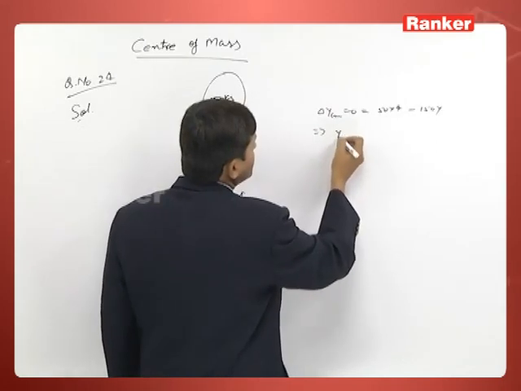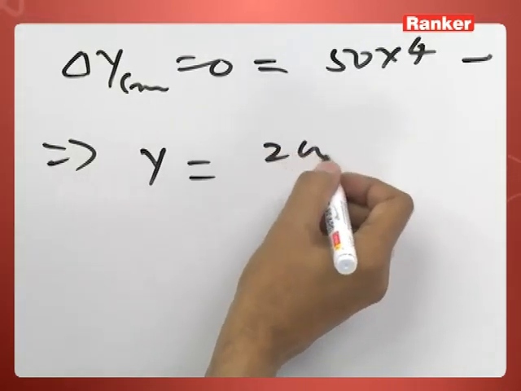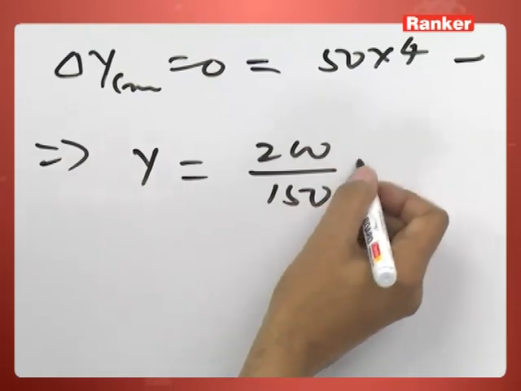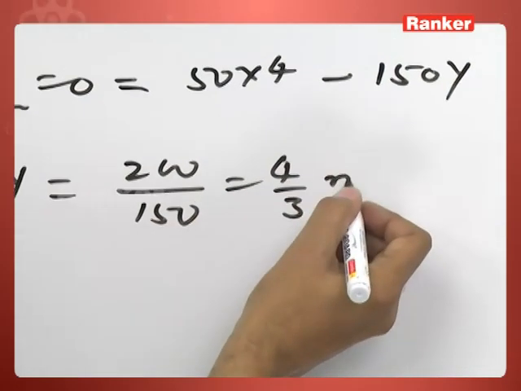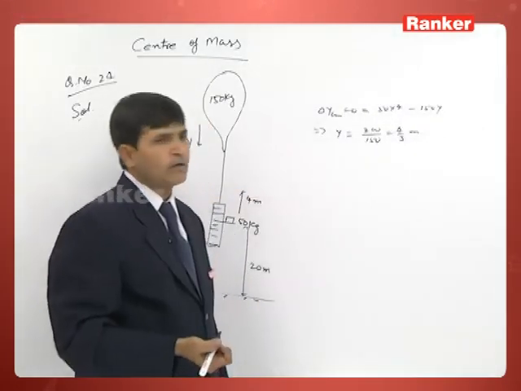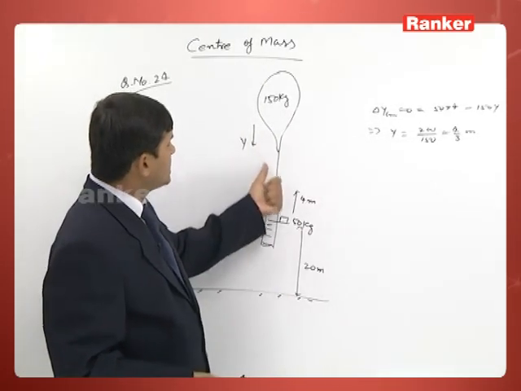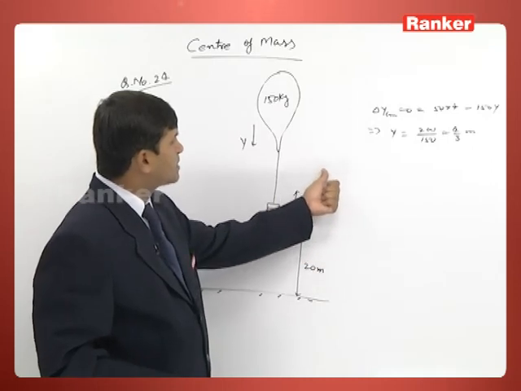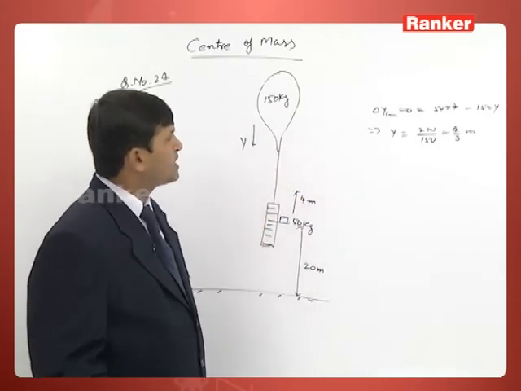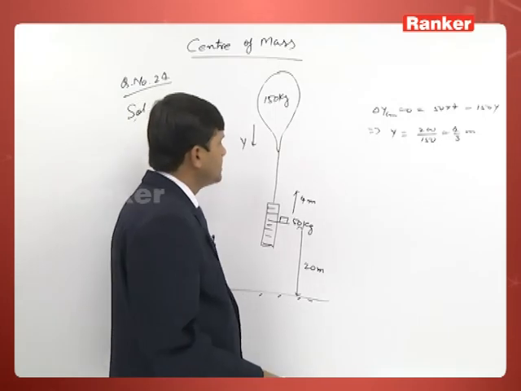So from here we can get y is 200 by 150, which is 4 by 3 meter. It means if the man is moving up 4, the balloon will come down by 4 by 3 meter.